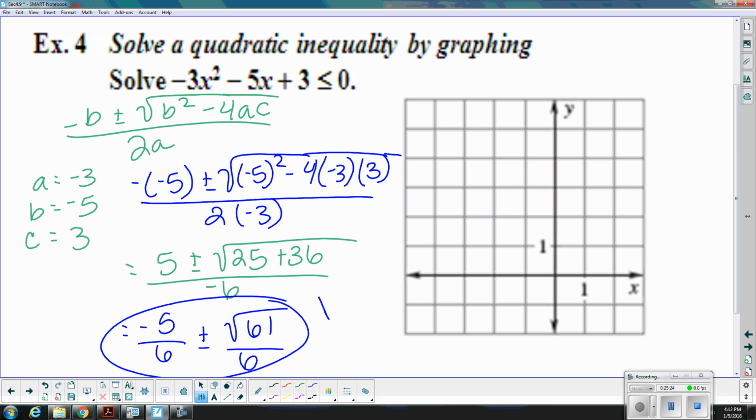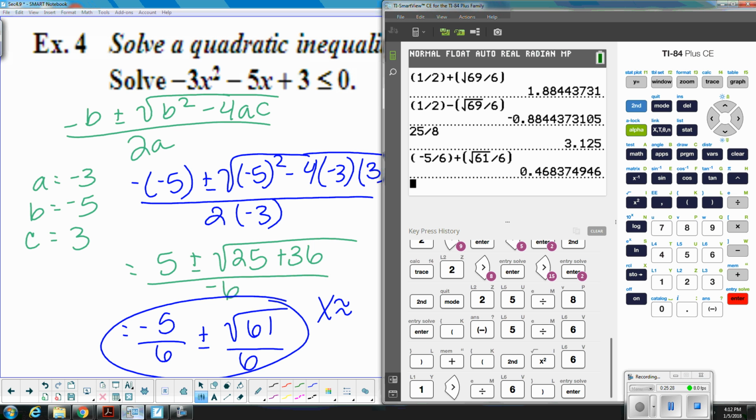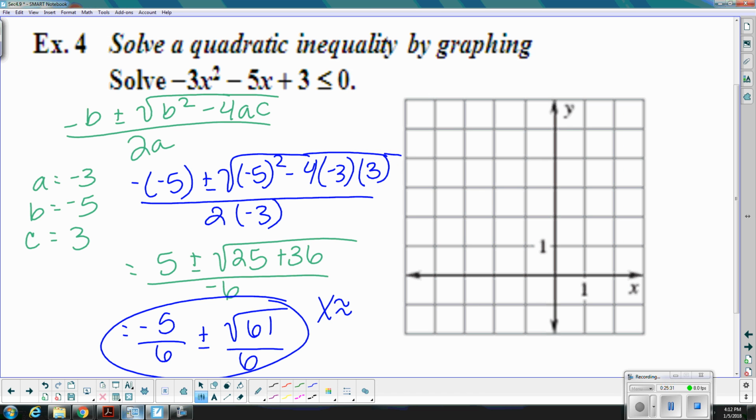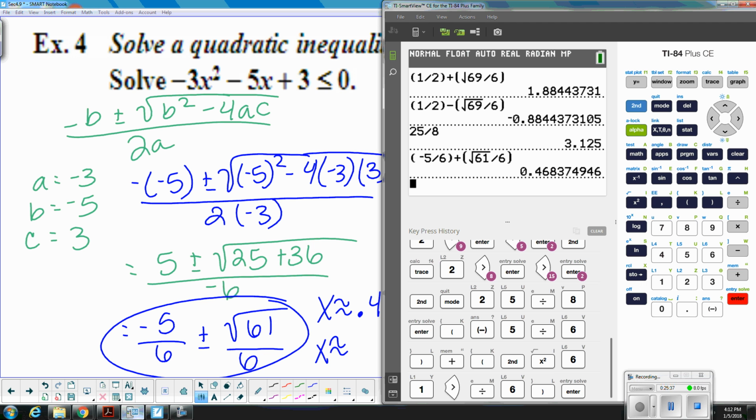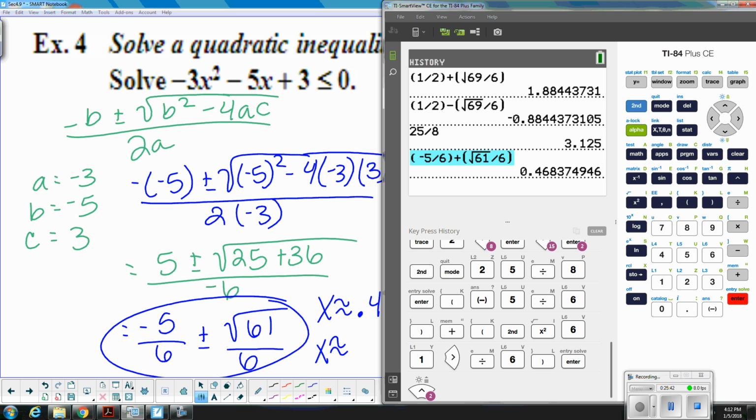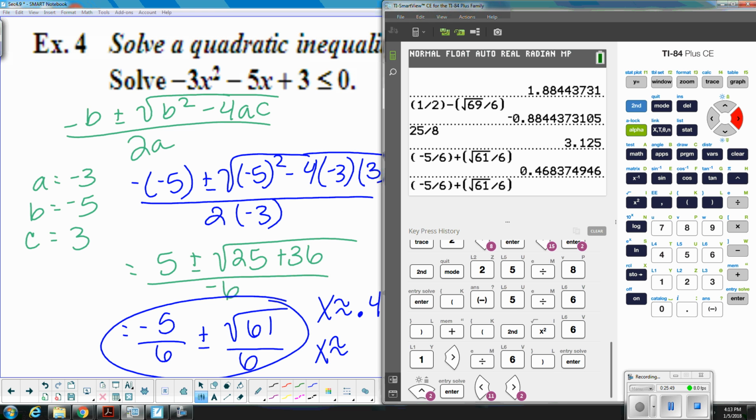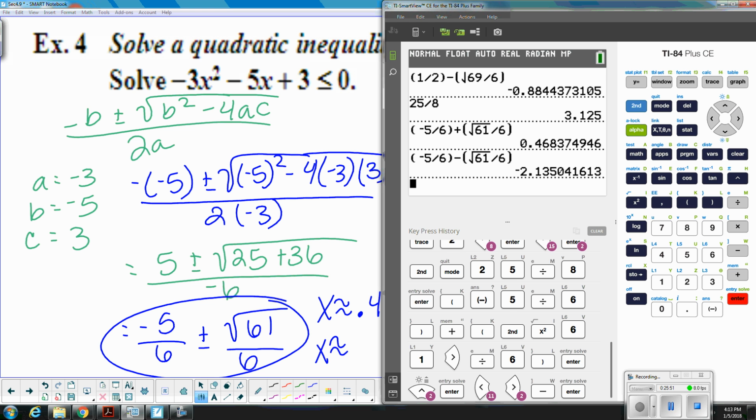So here, if we go back here, we're going to say x approximately equals 0.47, and x approximately equals -5/6 minus the square root, which is -2.14.